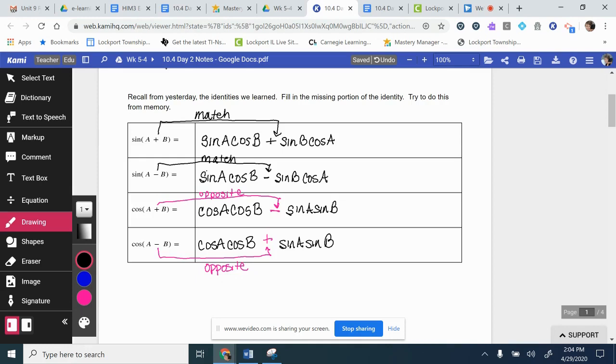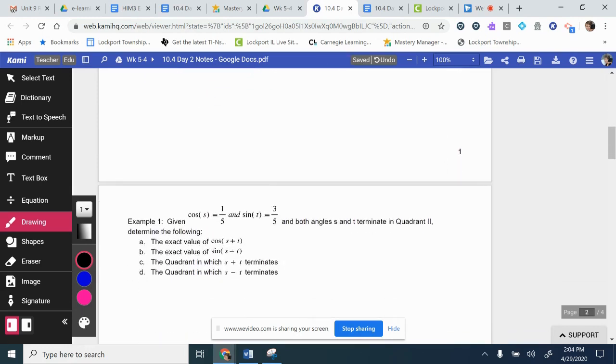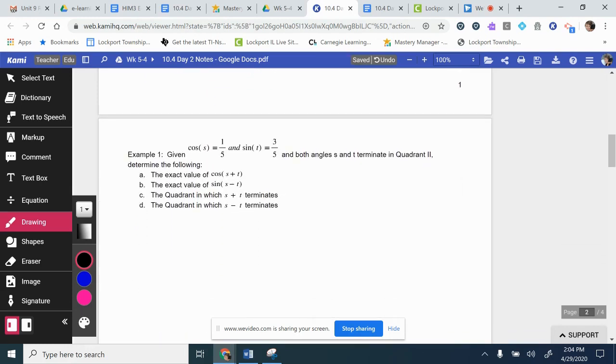All right, so we're going to do some applications of these identities, an extension of what you learned yesterday.